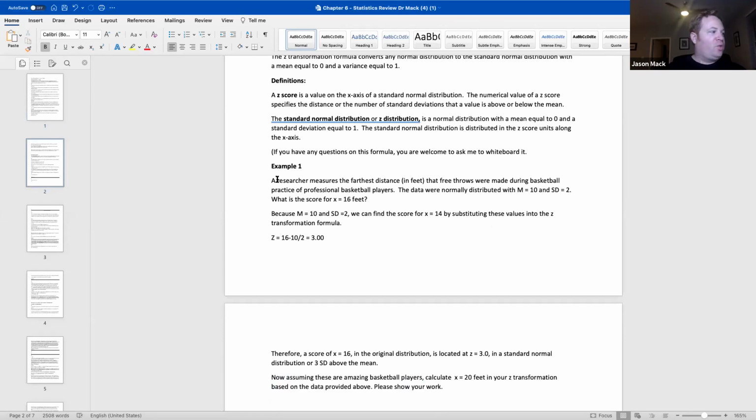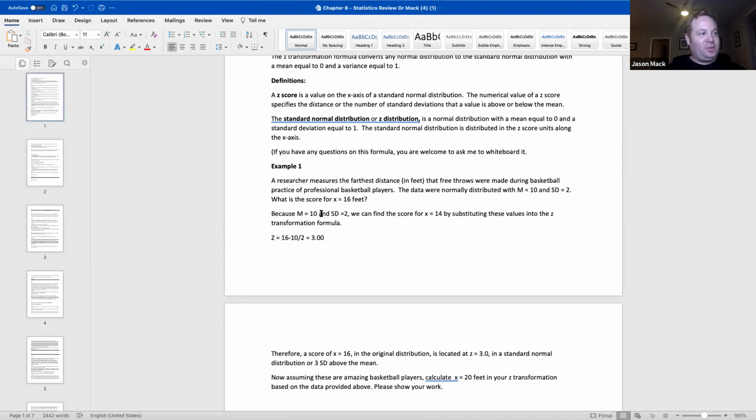All right, so a researcher measures the farthest distance in feet that free throws were made during a basketball practice of professional basketball players. The data were normally distributed, so think bell curve. Mean is equal to 10 and standard deviation is equal to 2. What is the Z-score for X equals 16 feet?